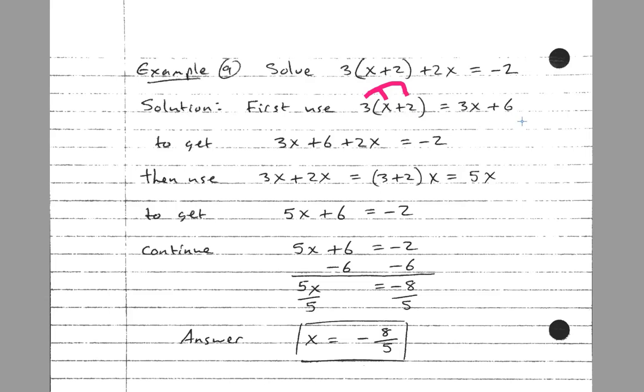So that's 3x plus 6. So this first piece really expands to 3x plus 6. And then we still have plus 2x. On the right, it equals negative 2.